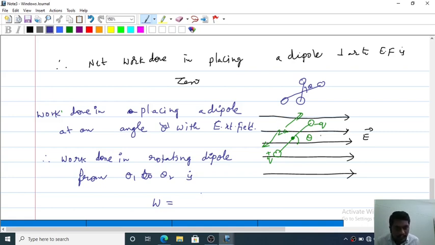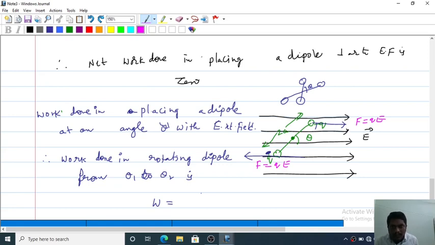So here, when a positive charge is placed in an external field, it experiences a force in the direction of the electric field. So it will experience a force like this. Let it be plus q and minus q. Positive charge experiences a force in the direction of the electric field, and negative charge experiences a force opposite to the direction of the electric field, and the force is F = qE. So plus q and minus q experience equal and opposite forces.